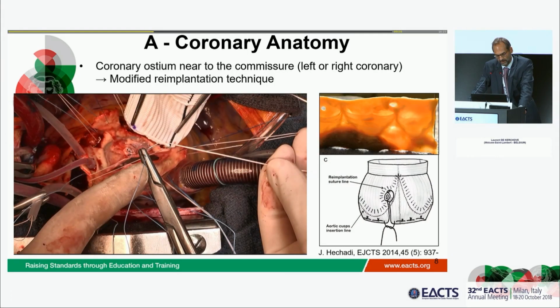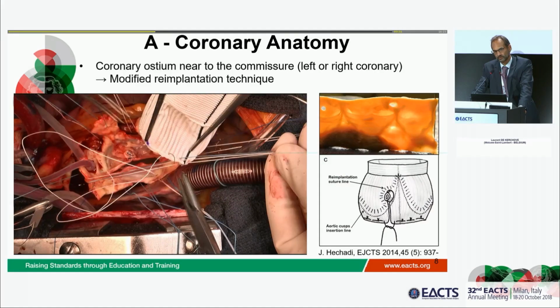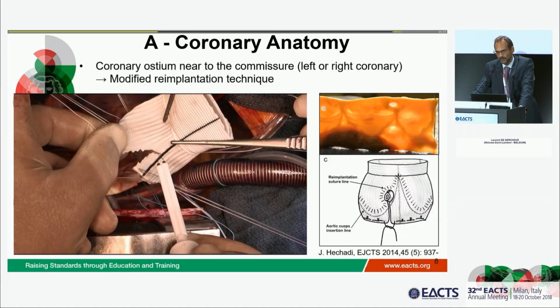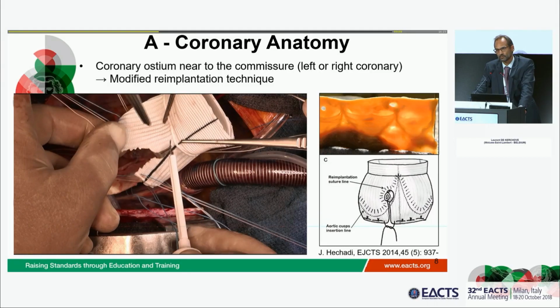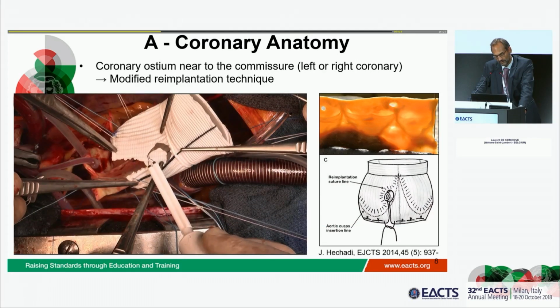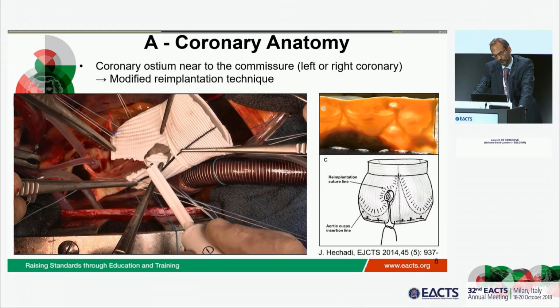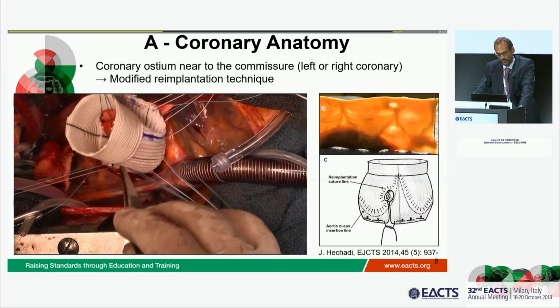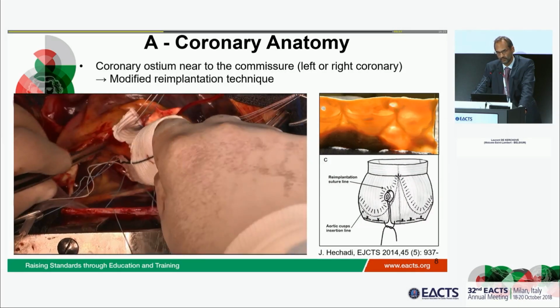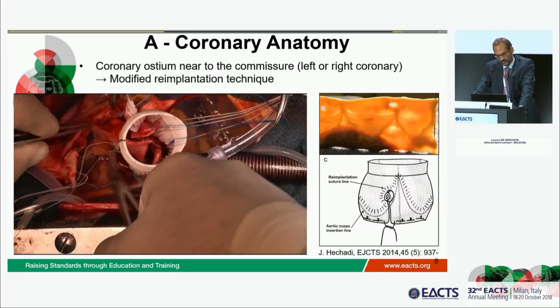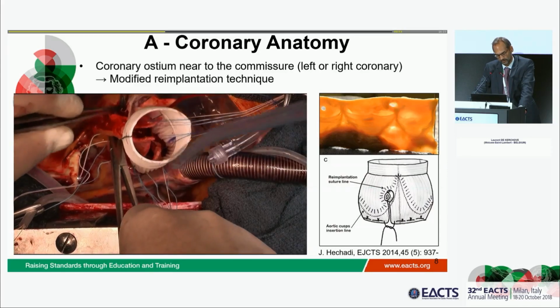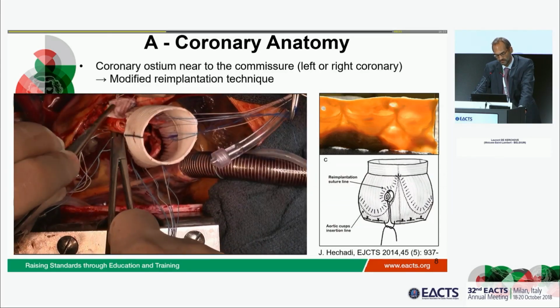And principally, we leave attached the coronary ostia and we open the graft. So the coronary can pass through the graft, and we then close the graft at the proximal suture line at the end, and we make in the graft some sort of keyhole. So the coronary is going out of the graft very free.